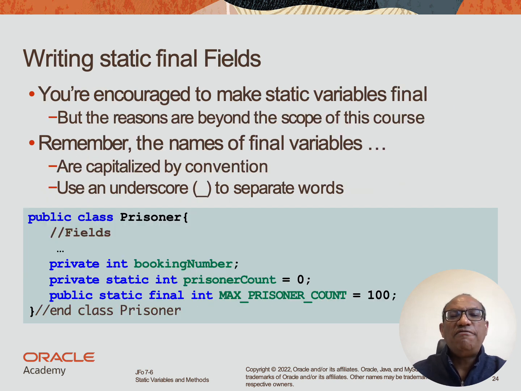Static variables are variables that are shared by all instances of a class. Example, a variable that's a counter that will increment each time an instance of a class is created. Static final variables are variables that are shared by all instances of the class, but the value cannot change. For example, interest rates or tax rates remain constant for all instances of the class.